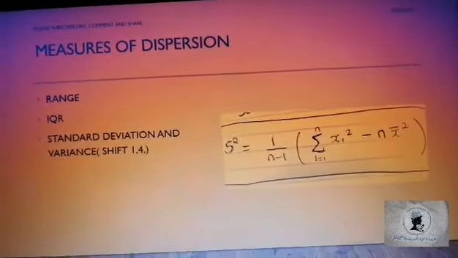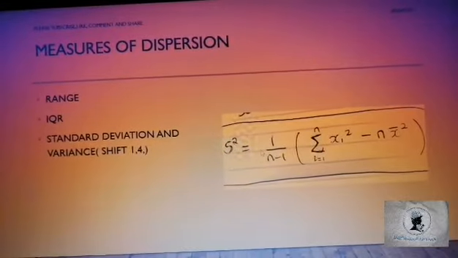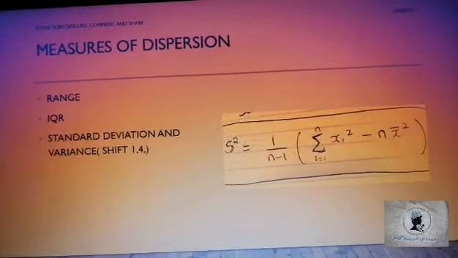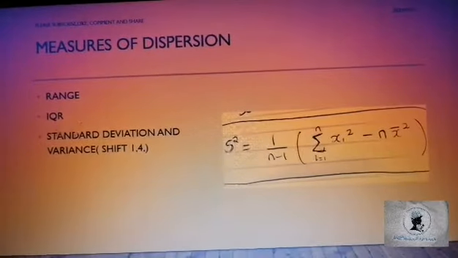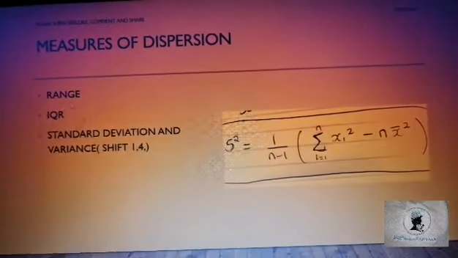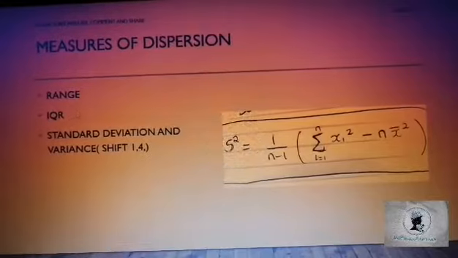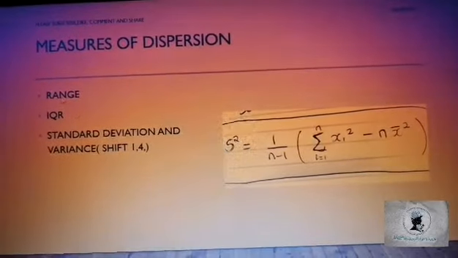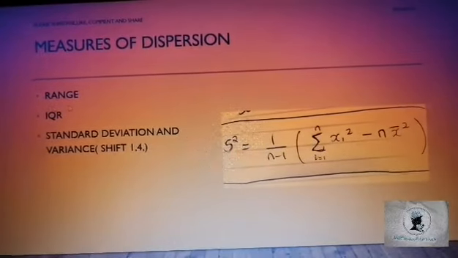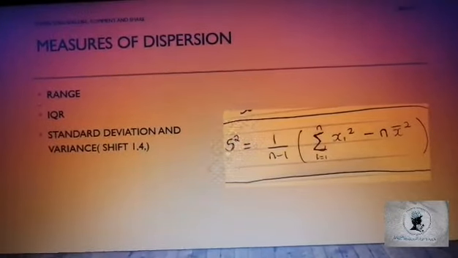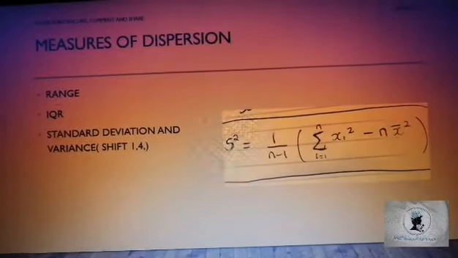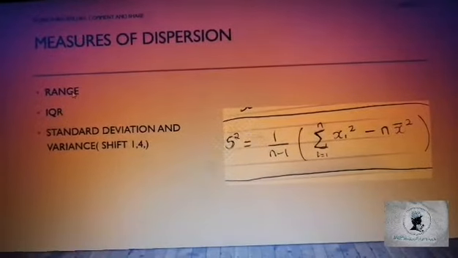So the range is basically your maximum minus the minimum value. Your IQR is the range of your quartiles, Q3, the upper quartile, minus Q1, the lower quartile. I'll be explaining this later.